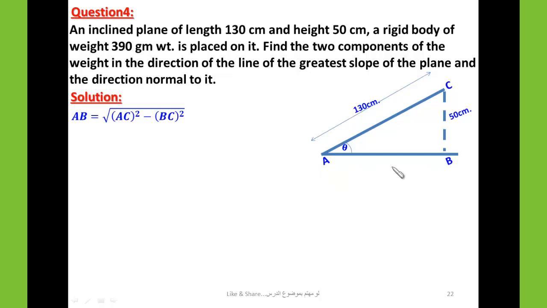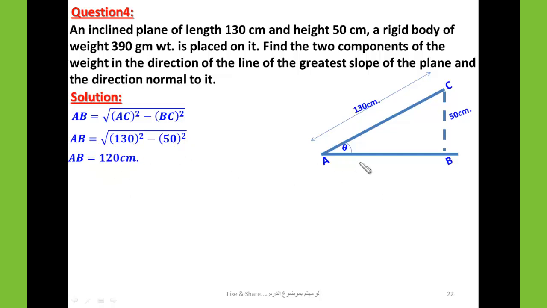Applying Pythagoras theorem, AB power 2 equals AC power 2 minus BC power 2, which equals 130 squared minus 50 squared. After you calculate it, you will get AB equals 120 centimeters.